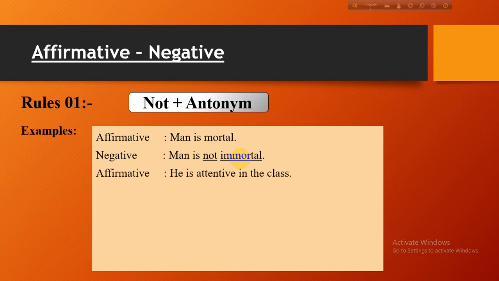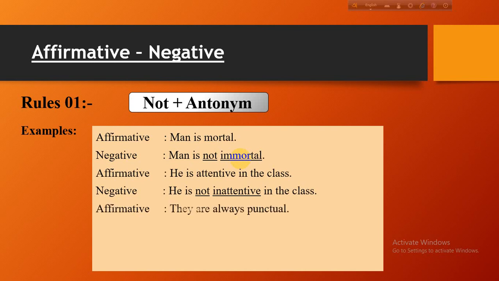The sentence is: He is attentive in the class. The answer will be: He is not inattentive in the class. After not we use the antonym of attentive, the opposite word of attentive, that means inattentive.